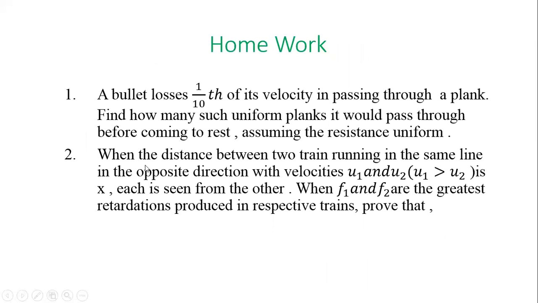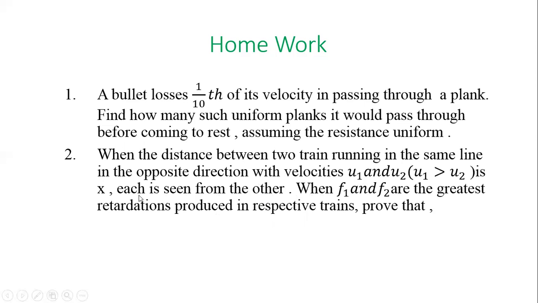Number 2. When the distance between two trains running on the same line in opposite directions with velocities u1 and u2, where u1 greater than u2, is x, each is seen from the other.